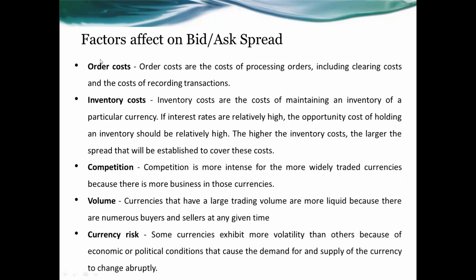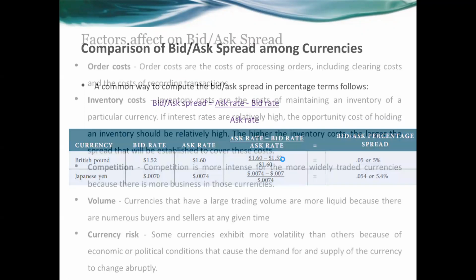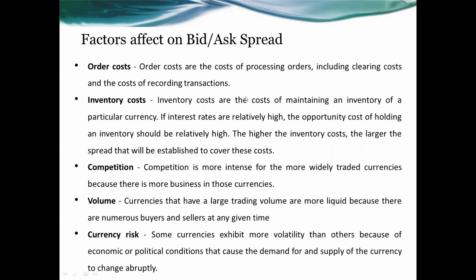let's talk about the factors that could affect this bid and ask spread. There may be some reasons why banks give a low bid rate and a high ask rate. One is the order cost. You might have some processing costs, clearing costs and other things when we are doing the transaction.